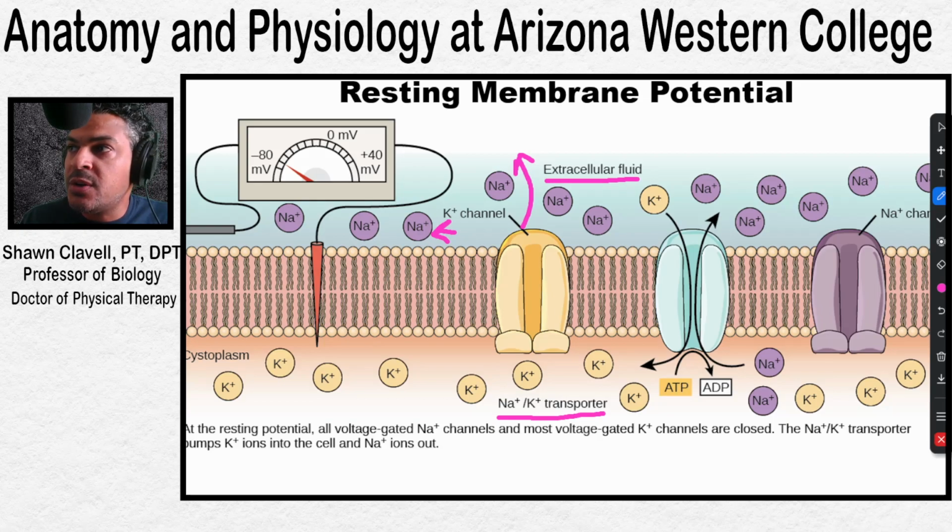And so we also have some other channels that we should be familiar with, one of which is a leakage channel, which we can see here. Leakage channels just simply allow ions to float in and out and help to maintain that resting membrane potential.